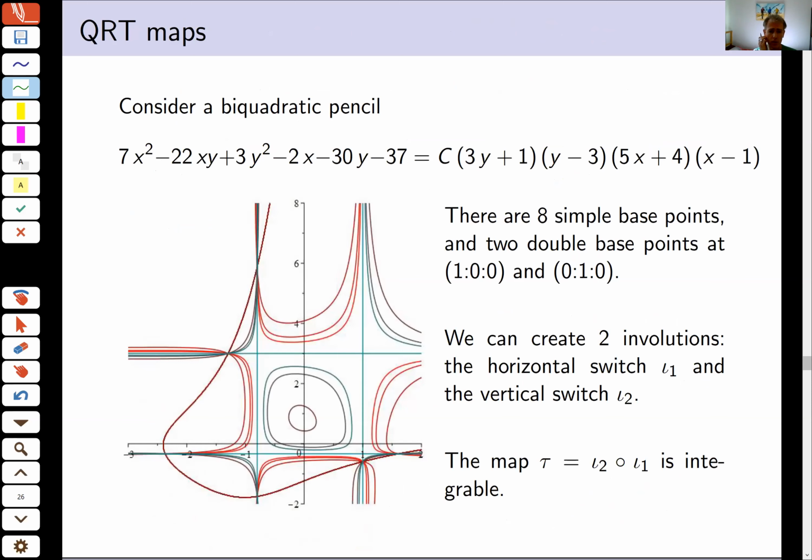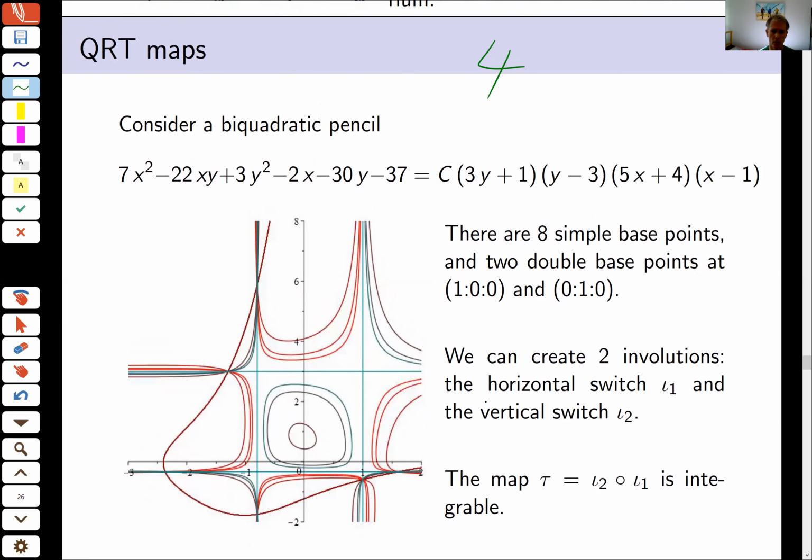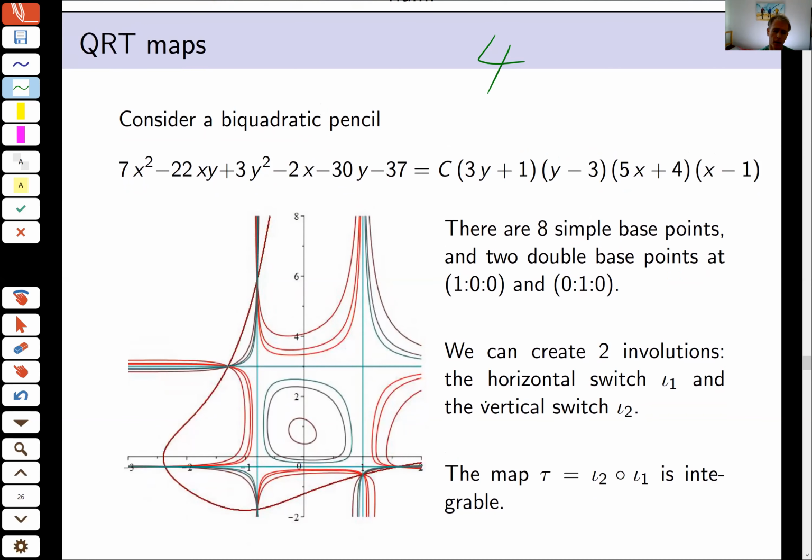Let's now go to integrable maps. The first type of integrable map is the QRT map. And this is the case where the pencil is of degree 4. But it's a special pencil. It's a pencil where the degree in X is 2 and in Y also 2.